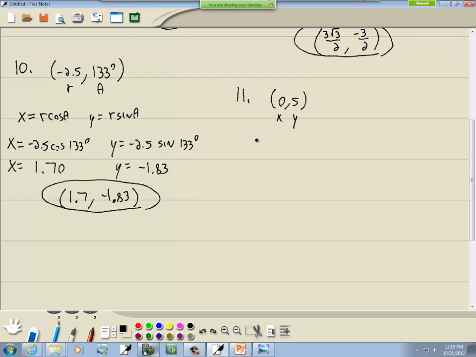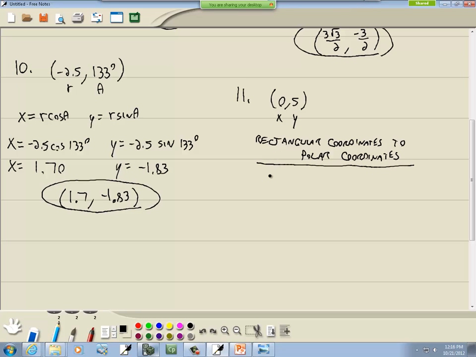So going from rectangular coordinates to polar coordinates. This is more than just finding or plugging in two simple formulas.